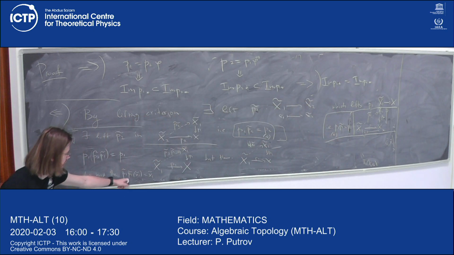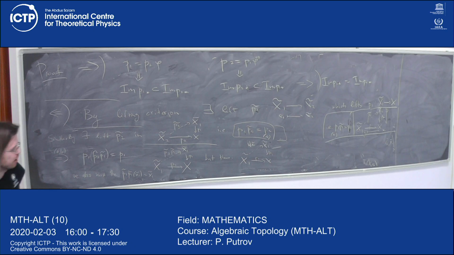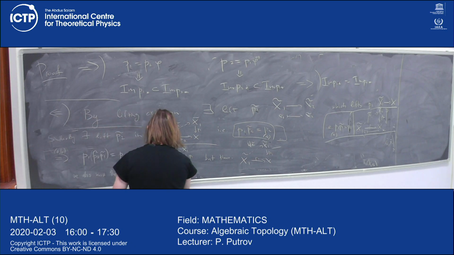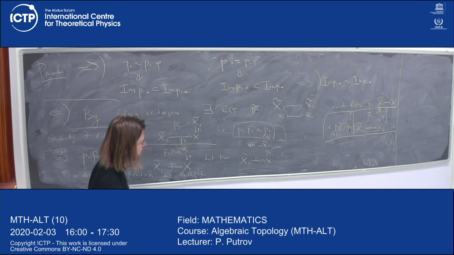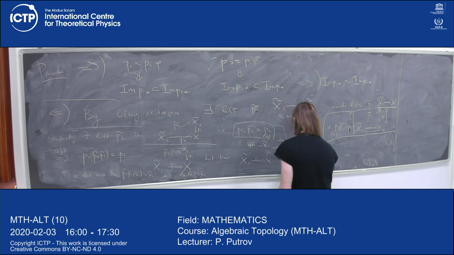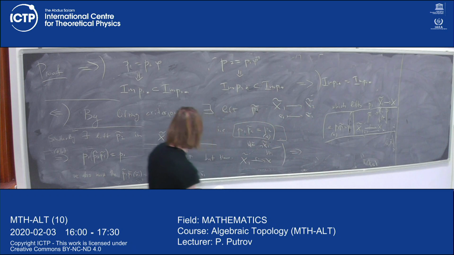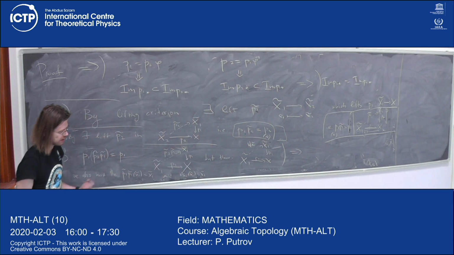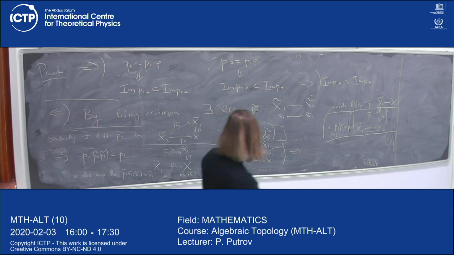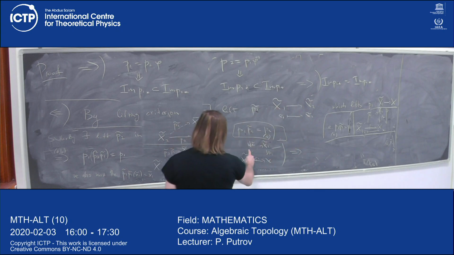So we have this condition, and of course also if I act by identity on x1 tilde, this is also x1 tilde. And therefore we know that if two lifts coincide at some point, they coincide everywhere. This means this should be the same as this.